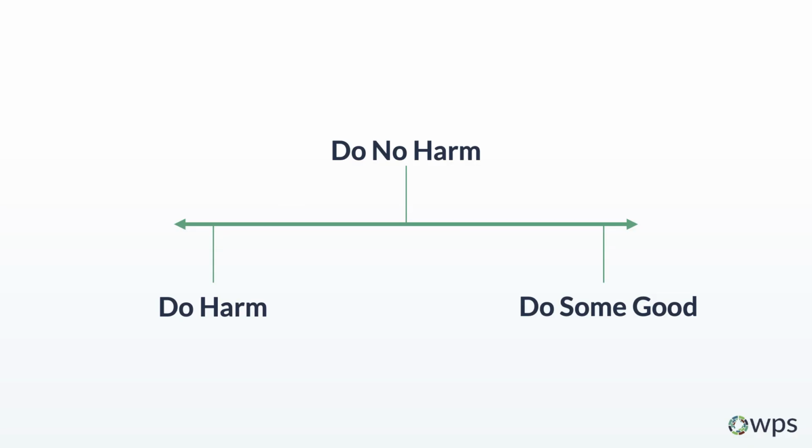The do no harm approach is ensuring that one does not unintentionally create tensions, disputes, conflicts, or violence. Conflict sensitivity goes a step further and strives to identify how the intervention can do more good. To engage in this exercise, we need to follow key principles.